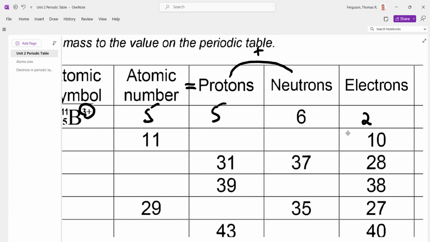So you match the electrons to equal the charge. Now, if I don't give you the charge, then you need to look at the protons and electrons. Whichever is more, that's going to be the charge, and the difference is going to be the number of that charge.